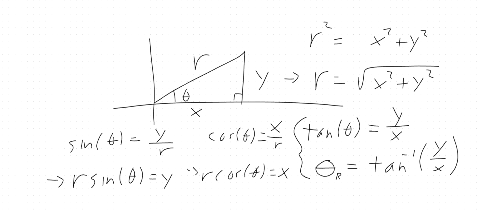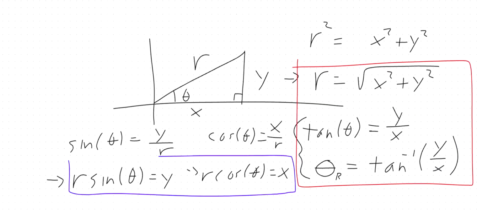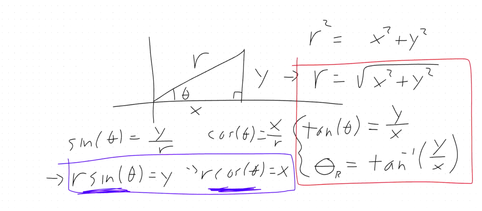Now over here, those two equations are going to be useful, or three equations, depending on how you think of it. These two down here are going to be good when you're going from polar into rectangular coordinates, because we know our r's and thetas and we're looking for our x's and y's. So having those equations will be extremely useful for our conversions.